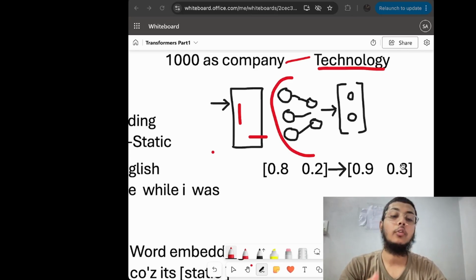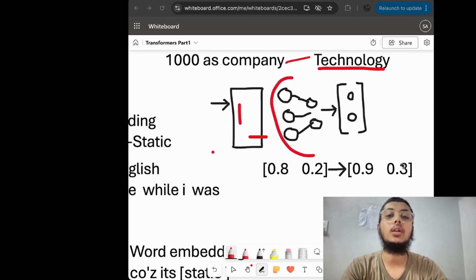So obviously the overall vector that will be formed will look something like this. Taste will have a very high value because the amount of words is 90%. Technology will have a very low value, because if you talk about this entire data, the average meaning of the word apple is more tilted towards taste in comparison to technology.